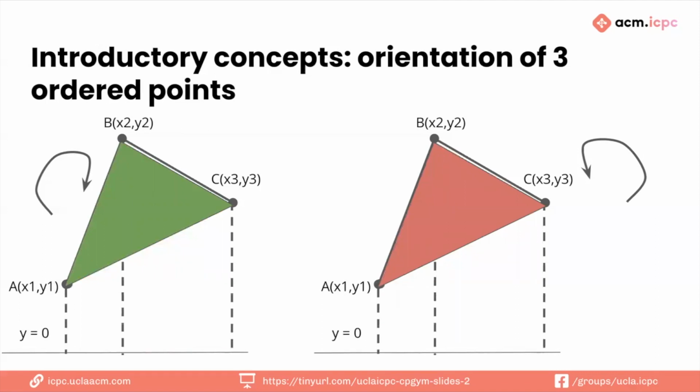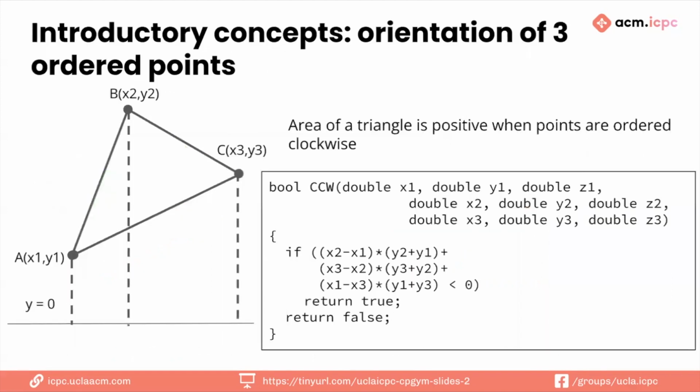So this gives us a hint on how we might want to deduce the orientation of 3 points in a plane based on computing that area or some value related to that area. So essentially, by computing that value, we can deduce if the points are ordered clockwise or counterclockwise.